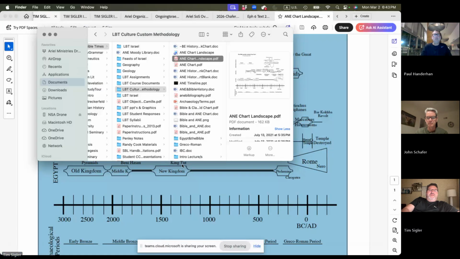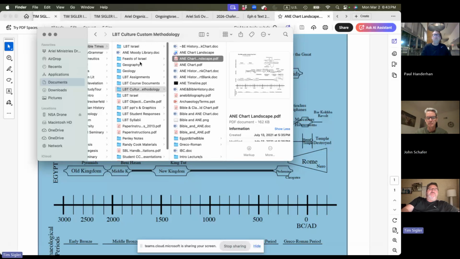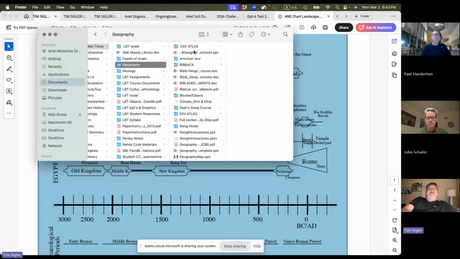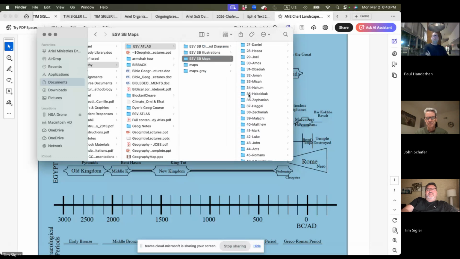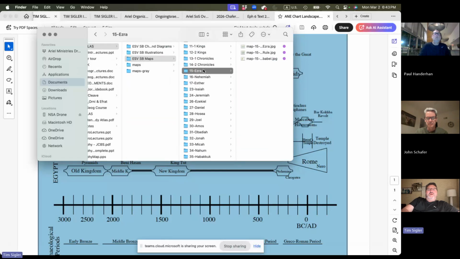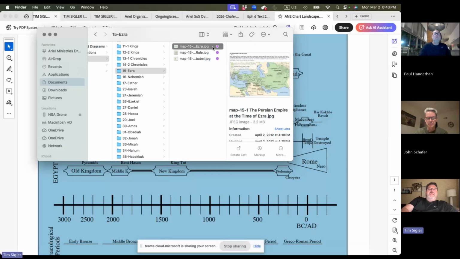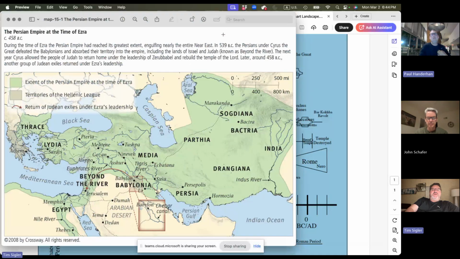It really does. And if I could turn our attention to some of the geography there, I'm going to look intentionally at some maps. Are you able to see this map of the Persian Empire at the time of Ezra?